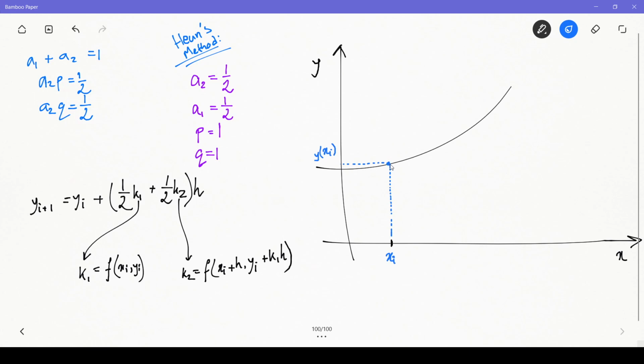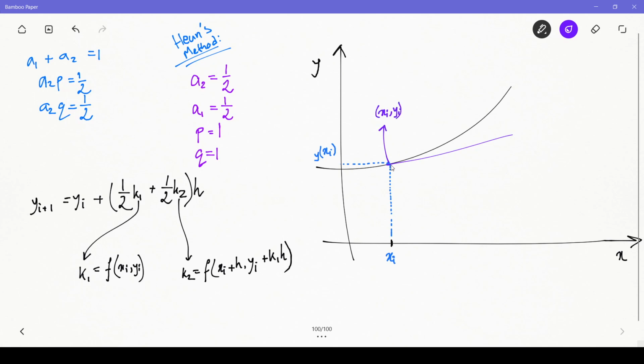Fine. So since we know the slope at this point is something like this, let's call it like this. Okay, so this is perfect. Let's call it the slope at the point x sub i and y sub i. So this, of course, is x sub i comma y sub i, this point over here.